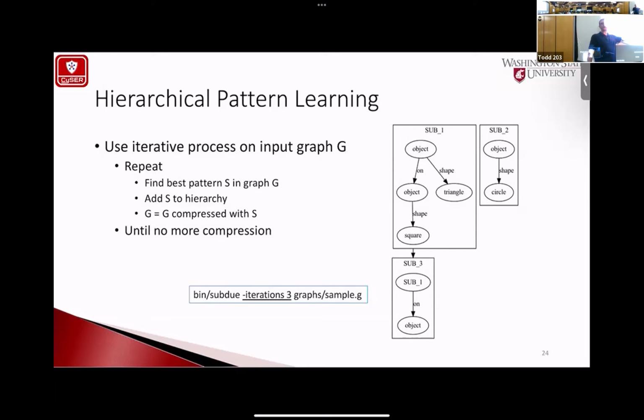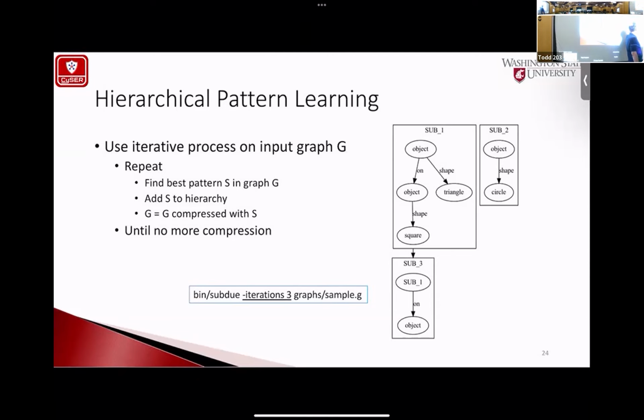I think if you give it 0, it'll iterate until it can't compress the graph anymore. And if you run it on that same sample that we just played with, you'll see this come out, which is, you can see that it still finds that triangle on square structure, but then it compresses that away and looks for more patterns.